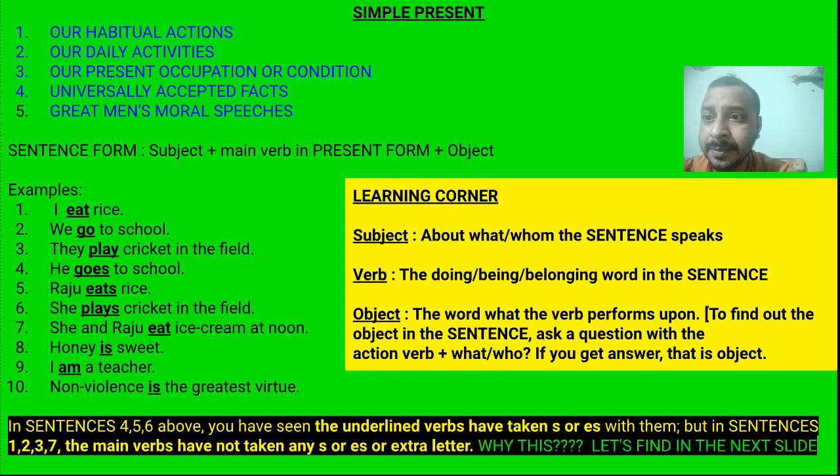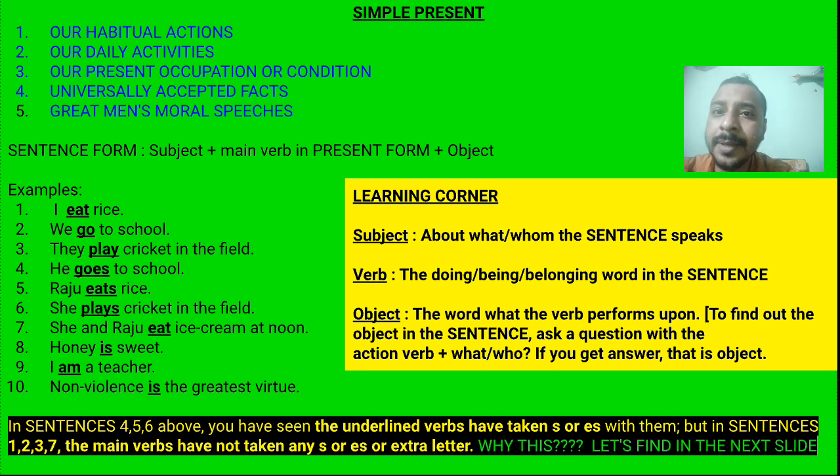You can see in 4: goes, eats, plays. So goes es, eats s, plays s. They are taking s or es with them. But in sentences 1, 2, 3, and 7, the main verbs, meaning the underlined verbs, have not taken any s or es or any extra letter.